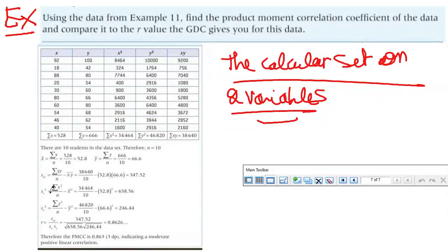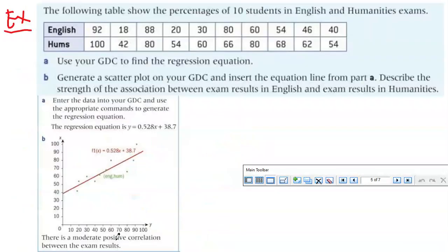I find the covariance of x, covariance of y, and then I just replace, and I got 0.8626. And this reflects what I said in the preceding example. I said it's a positive correlation, a moderate positive correlation, because already this is the line of it.